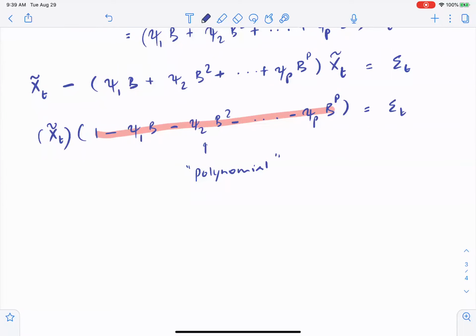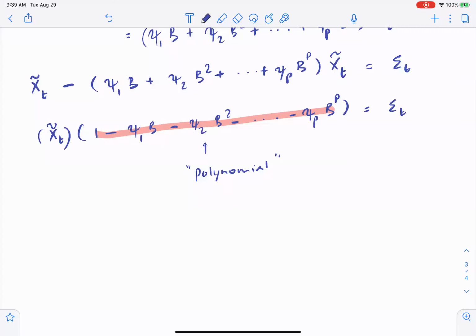It is only natural to ask the question: we started by calling the AR(p) model a linear filter, and here we have a polynomial. Certainly from an algebraic perspective, that could be linear, cubic, quartic, quintic, and so on.